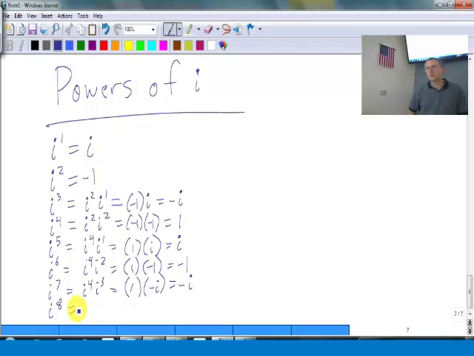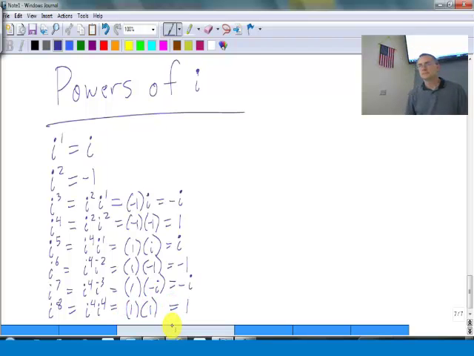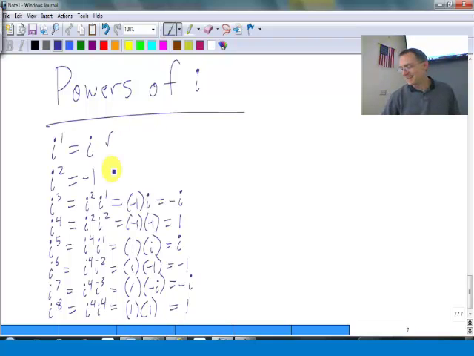I would say just one more, but maybe there'll be 2 or 3 more. i to the 8th: i to the 4th times i to the 4th is 1 times 1, and that's 1. So say it with me, or don't. It's okay. i, negative 1, negative i, 1.